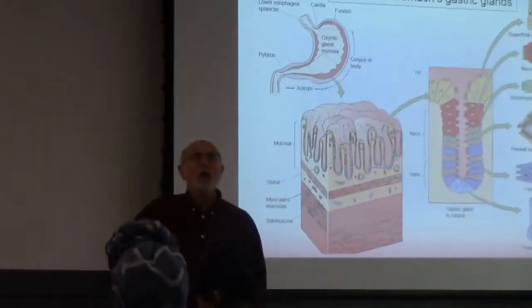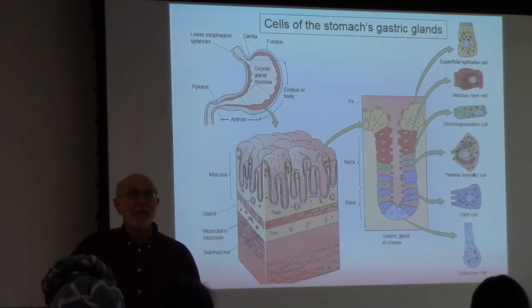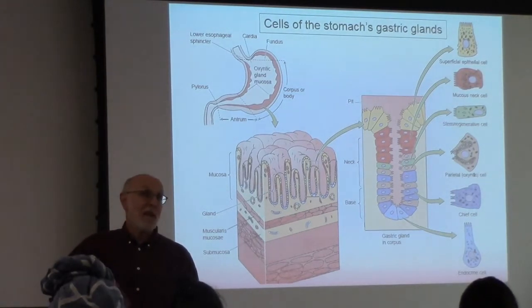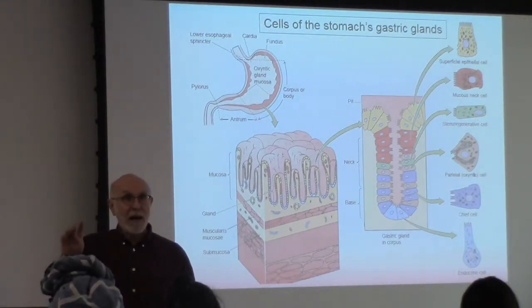So the lower esophageal sphincter only opens in response to a bolus of food moving down the esophagus, at least normally. So during the churning action in the stomach, the lower esophageal sphincter stays closed so that the chyme does not regurgitate back into the esophagus. We do not want stomach acid to flow back up into the esophagus.